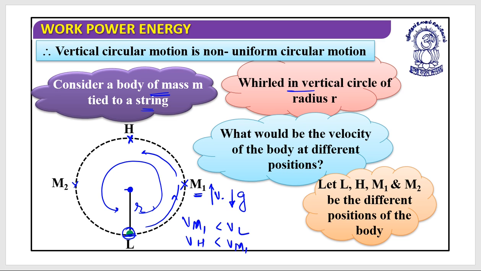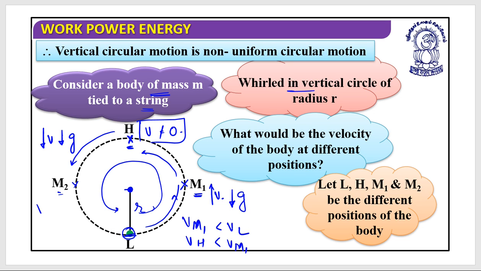Now I am not saying that the velocity at this position equals 0. It would not be; we will check how, but let's just assume it is not 0 at this position. Now, when it moves from H to M2, the direction of motion and the direction of the force of gravity are both in the same direction, so the velocity keeps on increasing.